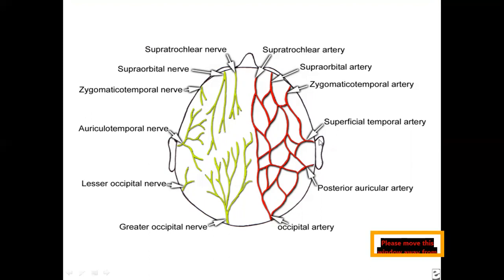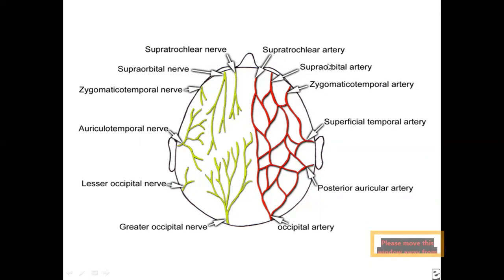Now, when you talk about the blood supply of scalp, we have to discuss in front of the pinna and behind the pinna. So, in front of the pinna, we have supratrochlear, supraorbital arteries, which are the branches of internal carotid. We also have zygomaticotemporal artery, superficial temporal artery in front of the pinna. Behind the pinna, we have posterior auricular artery and occipital artery.